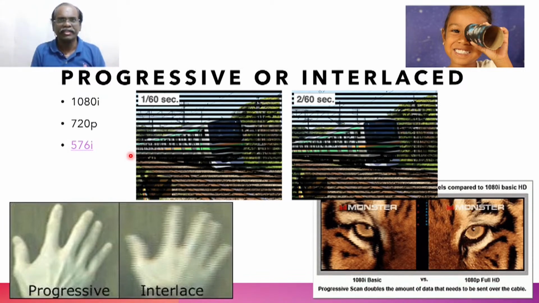The memory for capturing the image was not that great in those days. Look at the picture here. In 1/60th of a second they captured the odd lines, and in the next 1/60th of a second they captured the even lines. Then again they go to the odd lines, then capture the even lines.